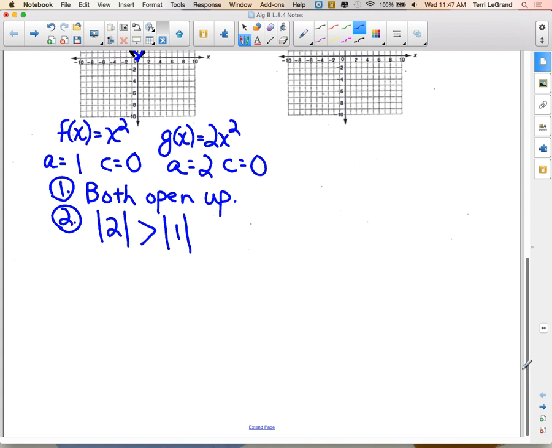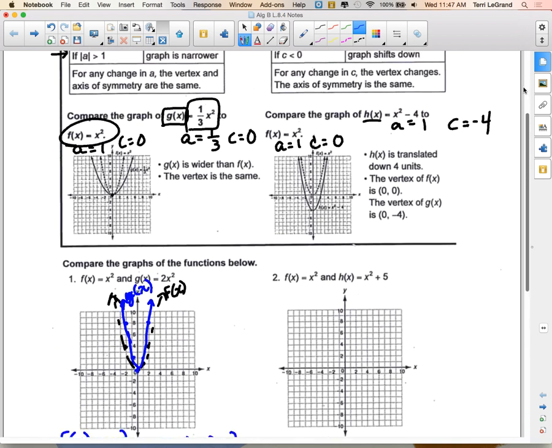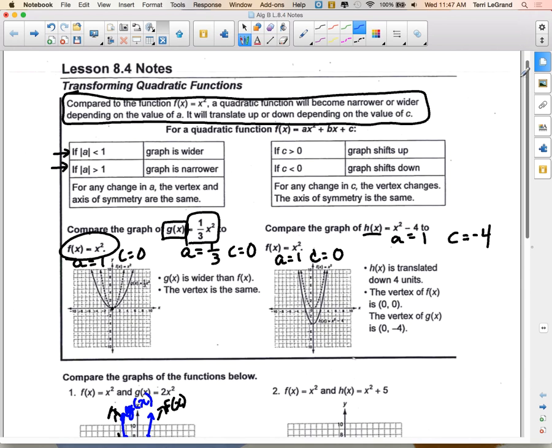That tells us that g of x got what? Remember, go back up here. Up here, right here. It's greater than, right?